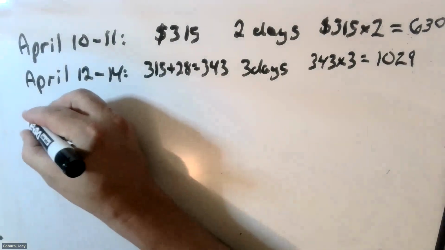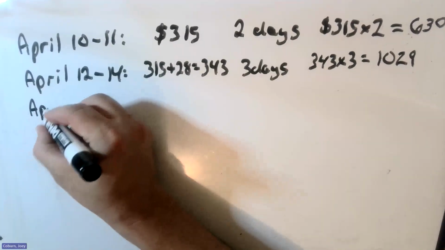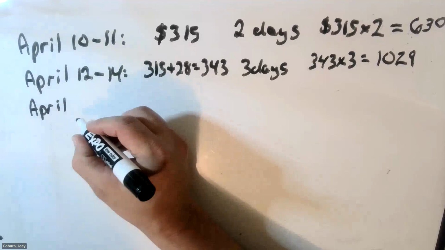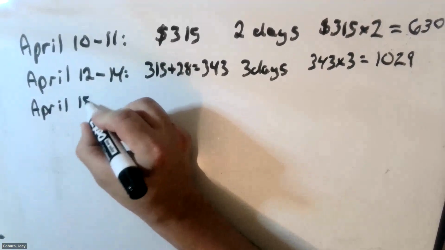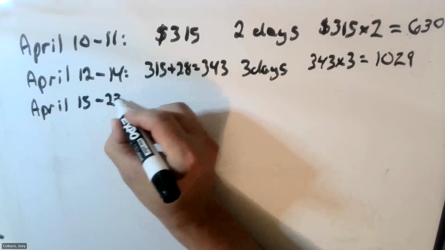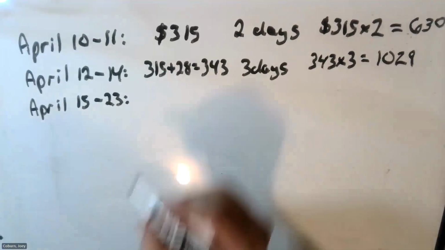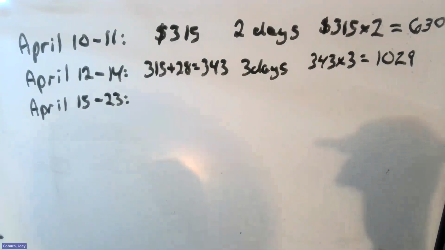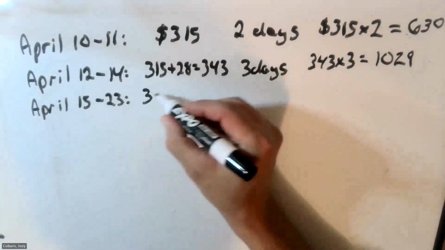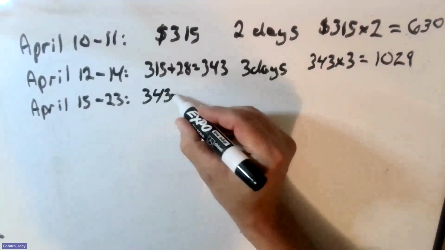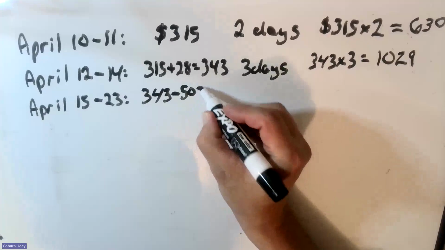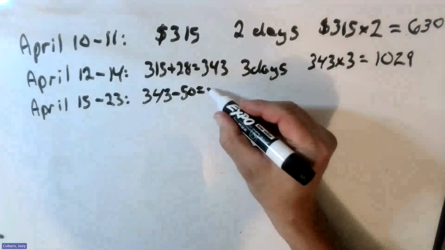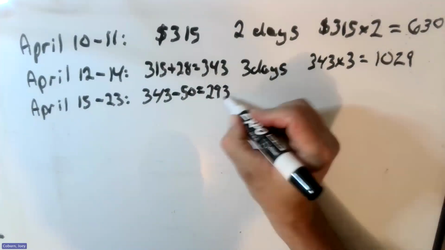Now, then there's another change. On the 15th, we have a deduction. Let's say we pay off $50 of this bill. So we'll take our 343 minus 50, and that'll give us 293.